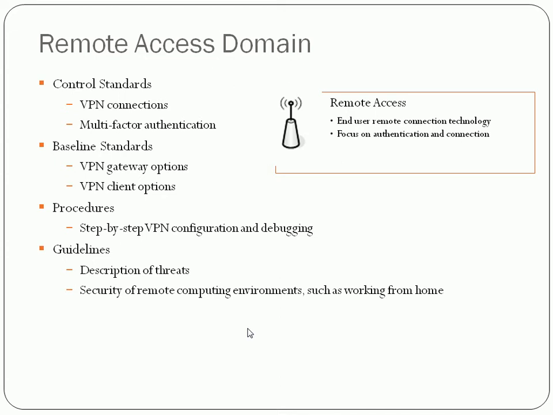Security of remote computing environments. So you might put out some guidelines for users that say, if you're going to connect from home, it's not a work computer. We don't have much control over it, but here are some guidelines. It should be Windows 7 or newer, or Windows 8 or newer, or whatever the latest version of Windows is. Maybe by the time you're listening to this it's Windows 9, who knows.